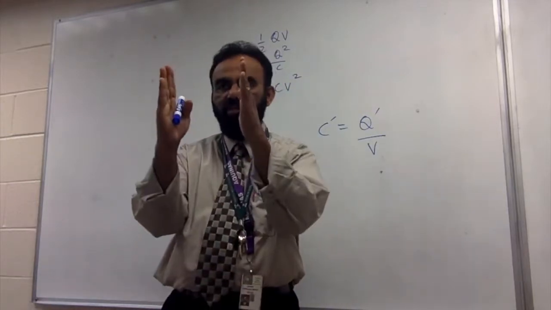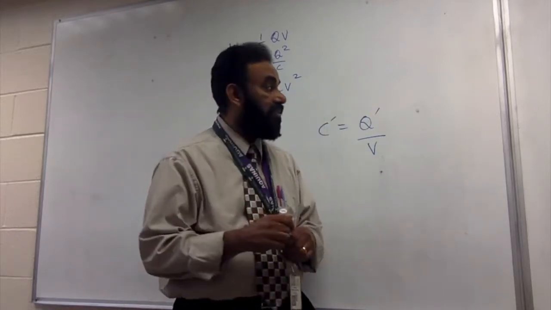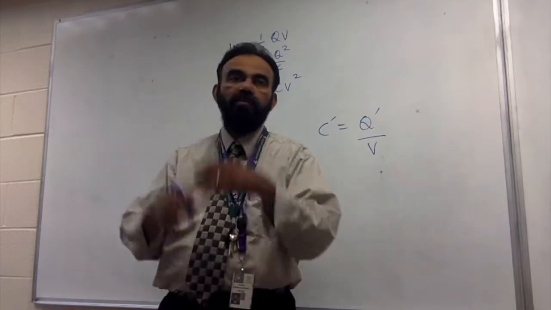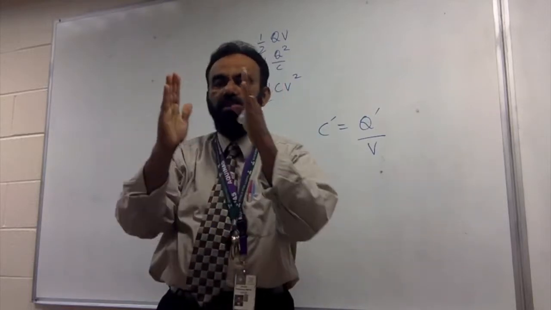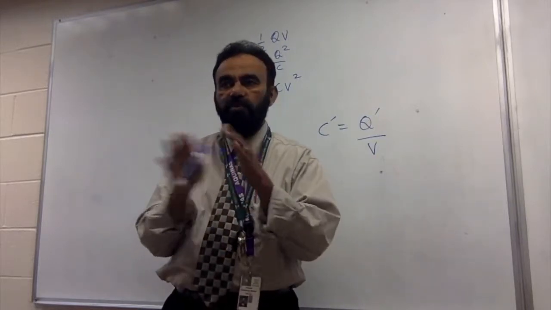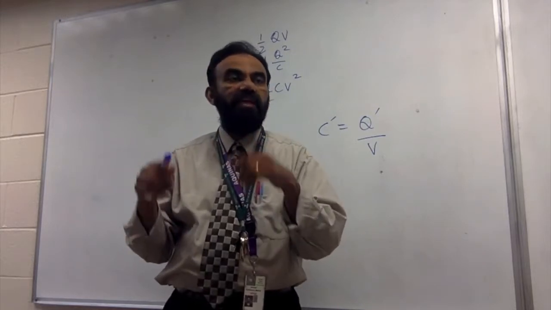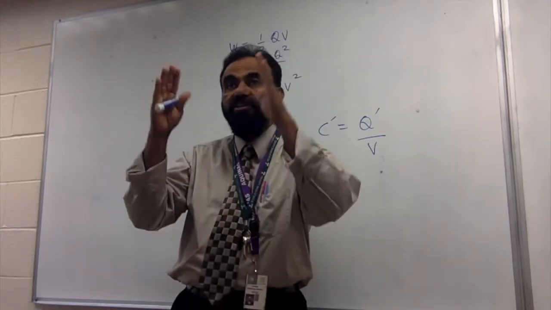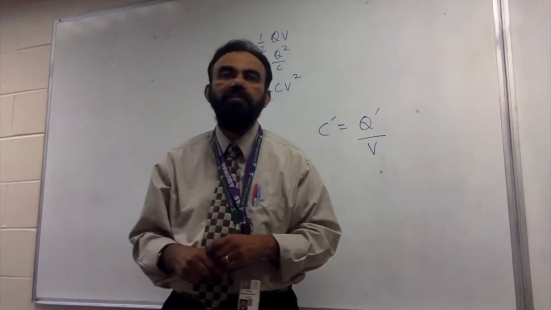So now we have a charged capacitor and there's no battery connected to it. It's charged to Q coulombs and to V volts. Now what happens when you introduce the dielectric between the plates? As soon as you introduce it, the dielectric gets polarized because of the field, and that will create a negative voltage which will reduce the overall potential difference.